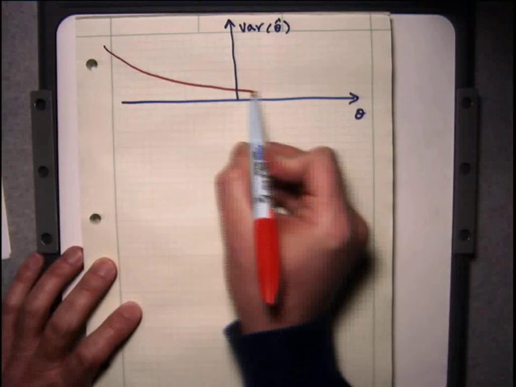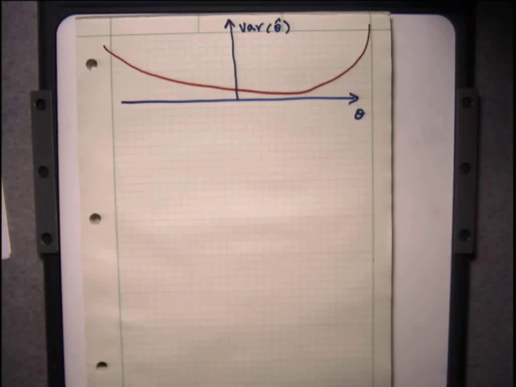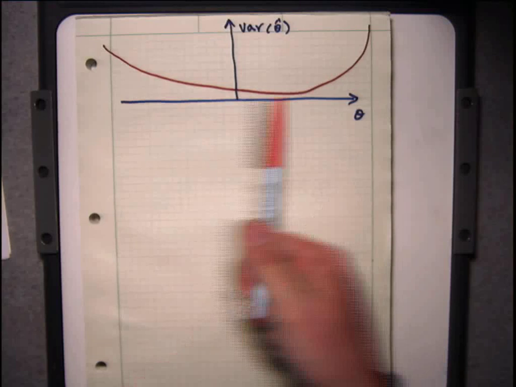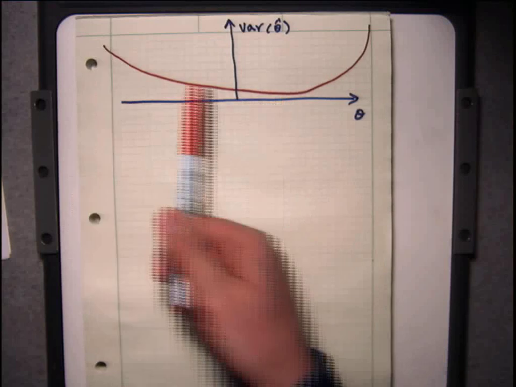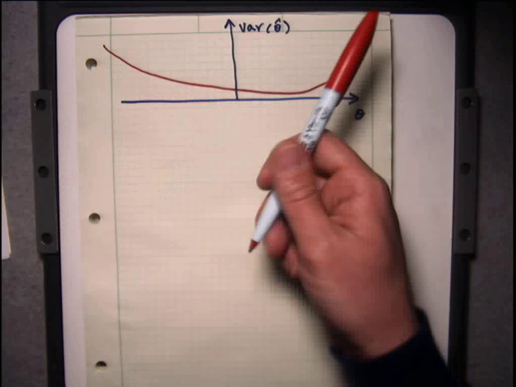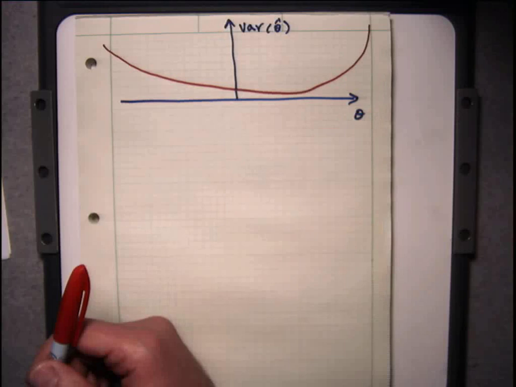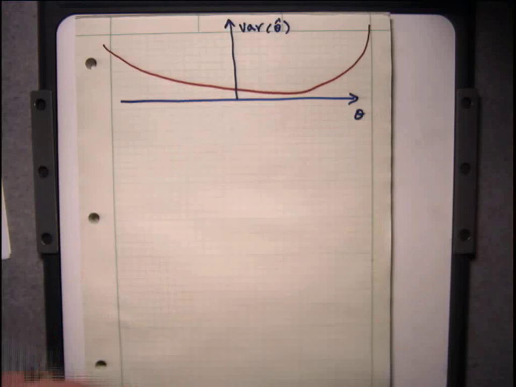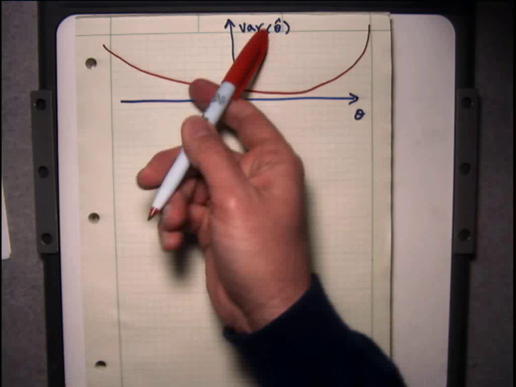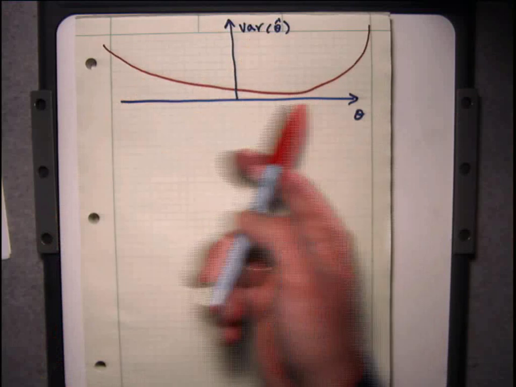I'm just drawing something arbitrary. So what this shows me is the minimum achievable variance, maybe achievable, maybe not, for that particular estimate. Regardless of what algorithm or estimator you use, your variance will never go below this red line for any of these values of theta.